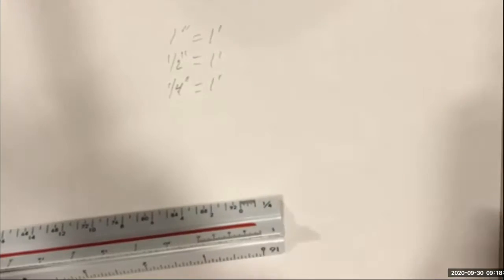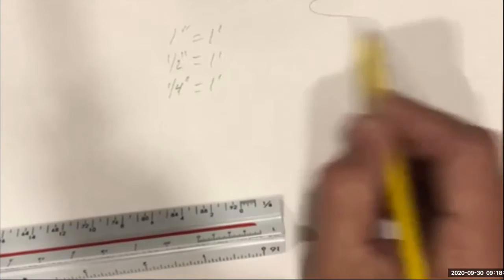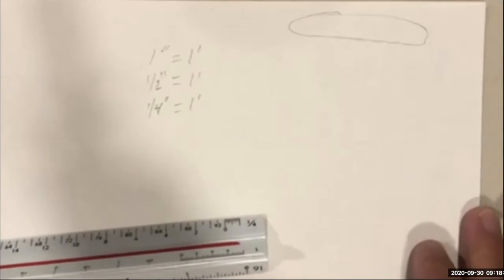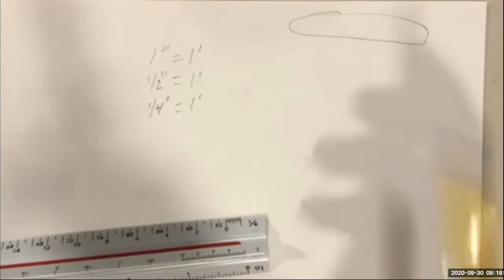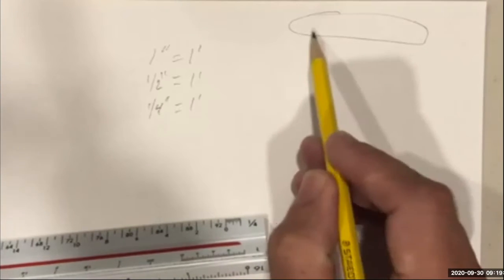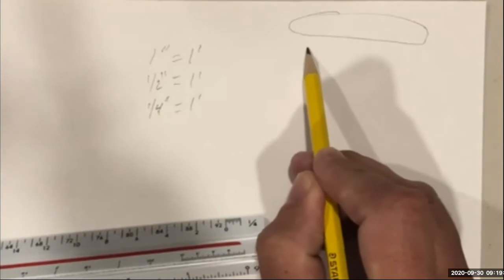Anything can be scaled down. He used the example of a cucumber. If I had a cucumber in a 1 inch scale, it just means that I would draw it smaller so that this whole cucumber would show up as 1 inch on the page.